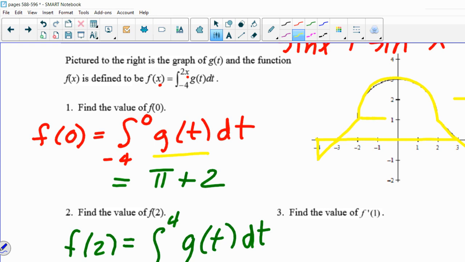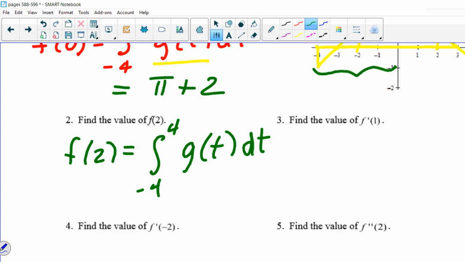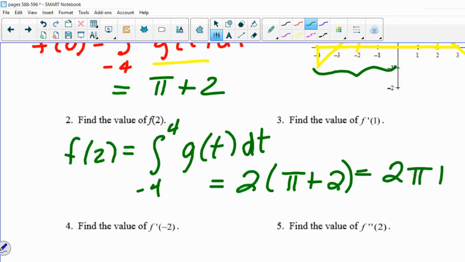I do believe that thing has symmetry with respect to the y-axis, which means it's twice what we just did. So that's going to give us what? Twice pi plus 2. So 2 pi plus 4. Doing okay? Hope so.